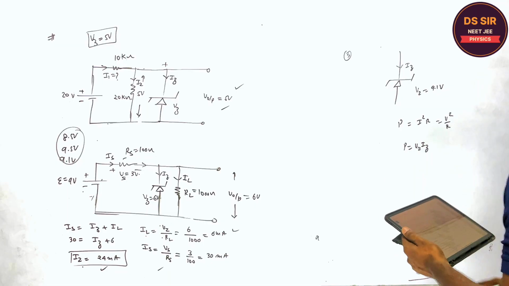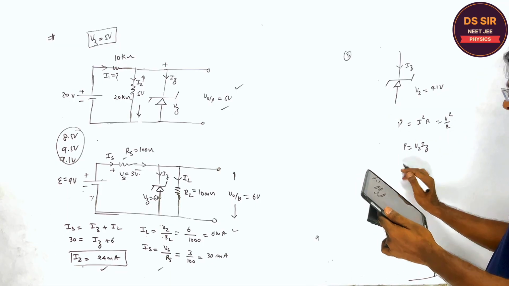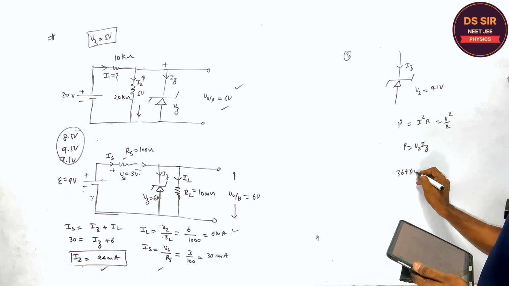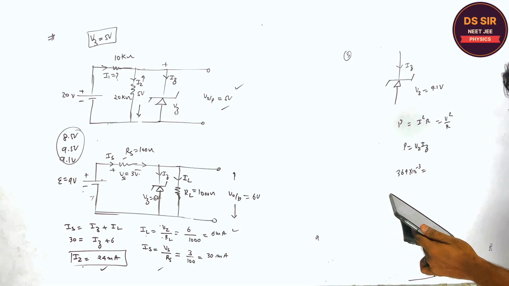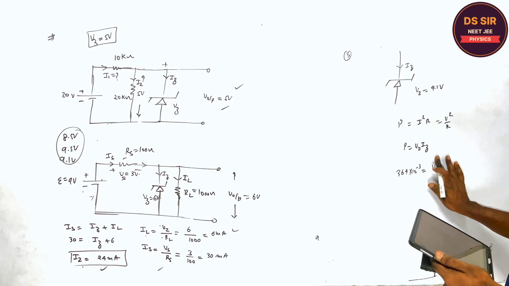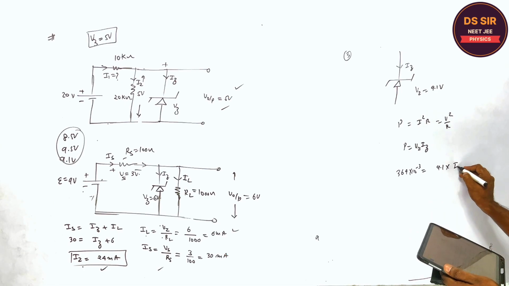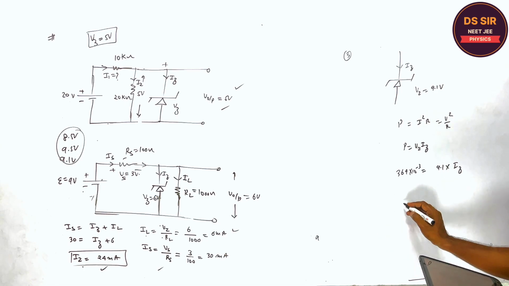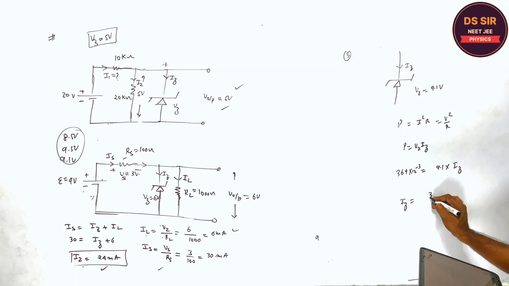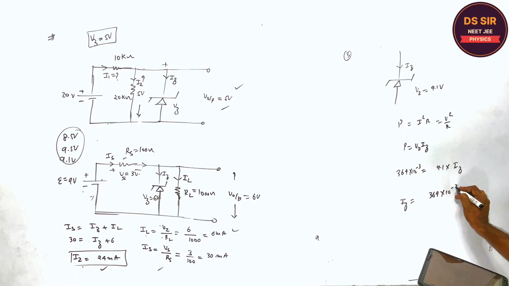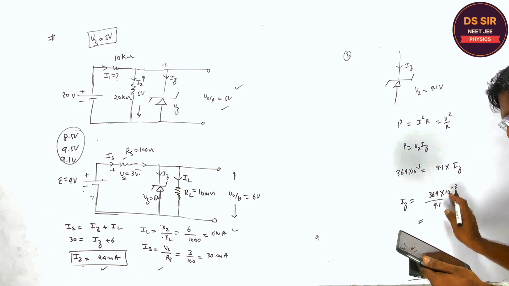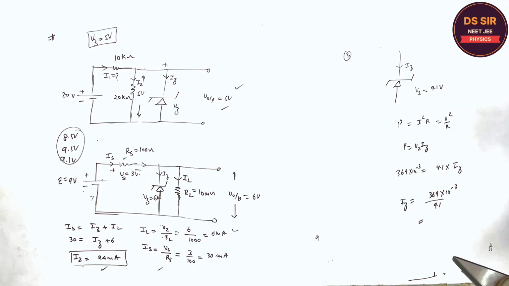What is the maximum power? The maximum power is 364 milliwatt, which is equal to Zener diode voltage 9.1 into the maximum current they are asking. So this is simple. What is the maximum current? 364 into 10 to the power minus 3 upon 9.1. If you divide this, then we can find the answer.